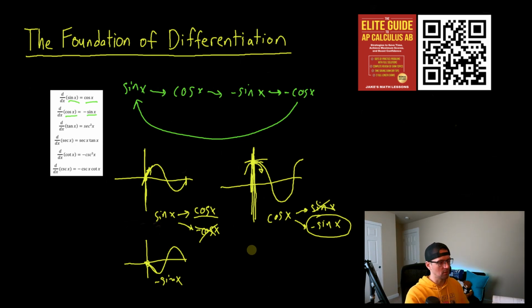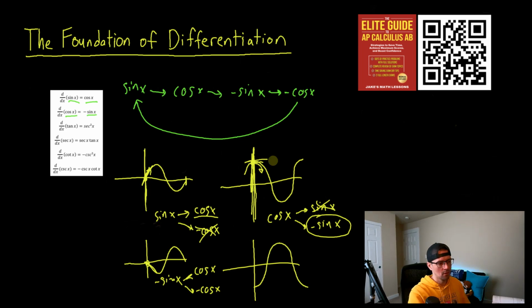And then we can do the same kind of thing with the negative sine and negative cosine. If we know negative sine has a negative slope at x equals 0, we need to decide if positive cosine or negative cosine is the derivative.